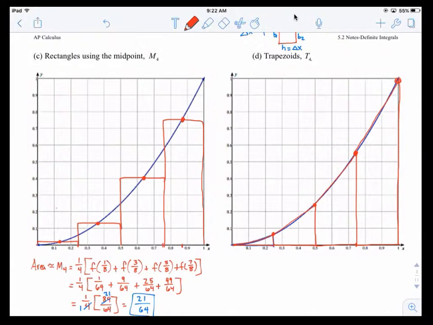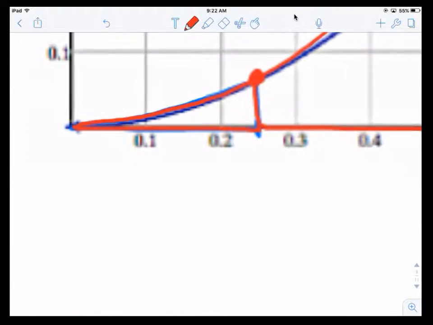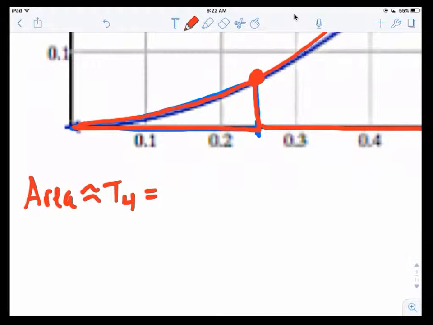Okay, so what we're going to do now is, again, we got to figure out the area for each of these trapezoids, right? So area approximated by trapezoid. Okay, so the formula always calls for 1/2 times the sum of the two bases times the height, or the width of the trapezoid, right? So we know that it's always going to be 1/2, right, times what is our height in this case? 1/4, right?